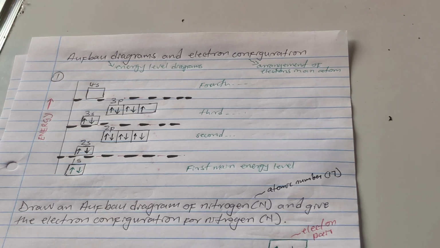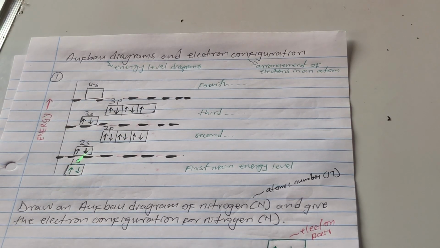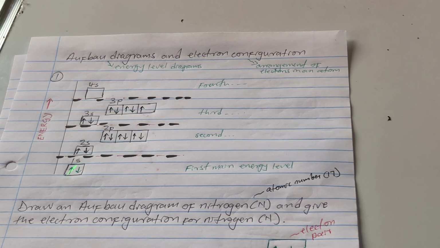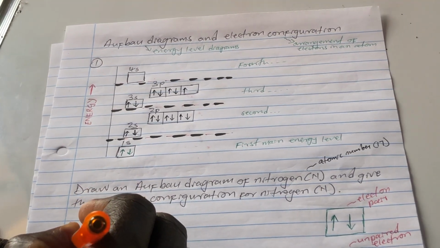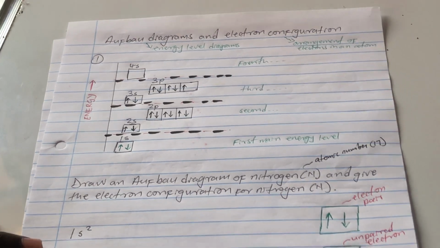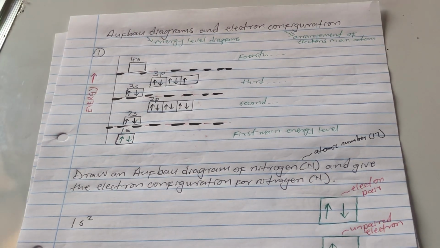I'll write this one here. As you can see here, I have 1s, which is containing how many electrons? 2. 1s, 2 electrons. And then the second one, 2s, containing 2 electrons.